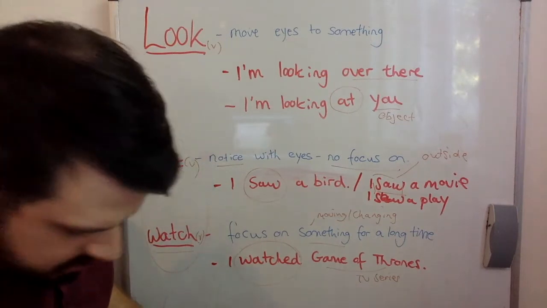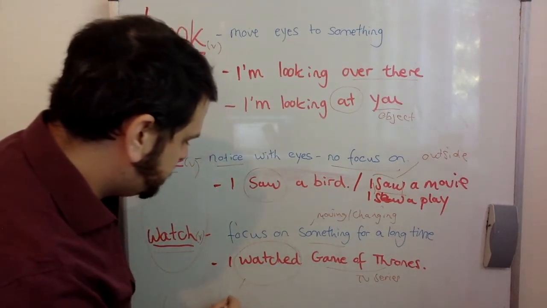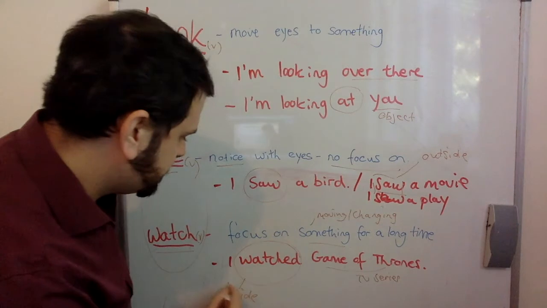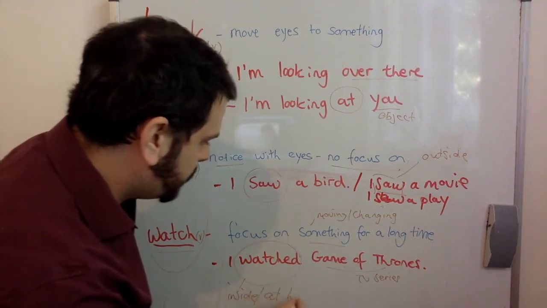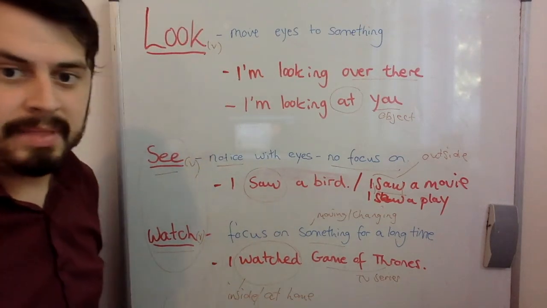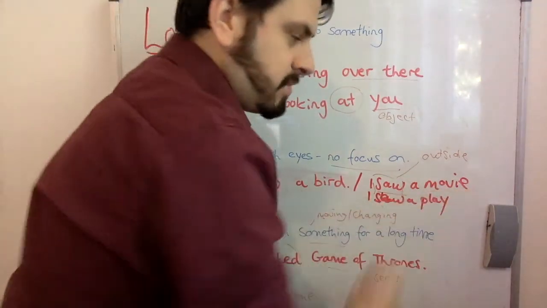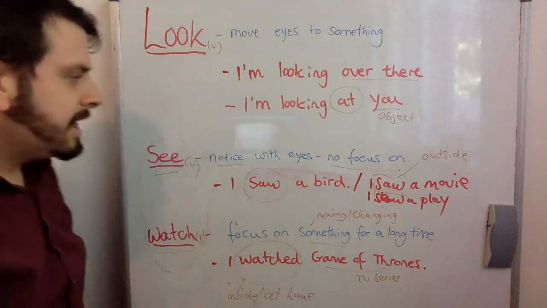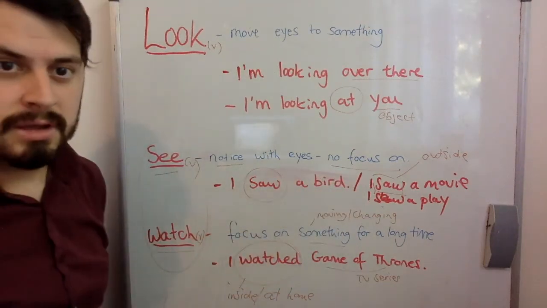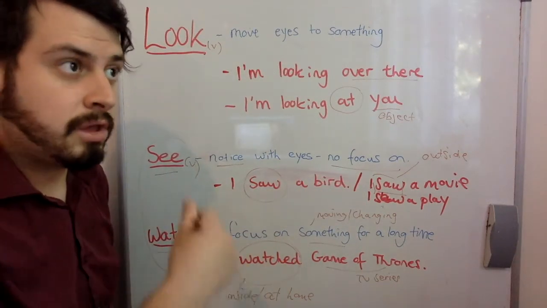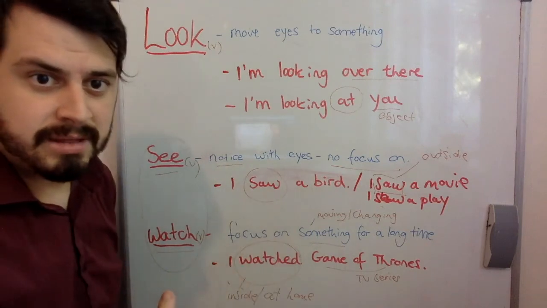But the watch the Game of Thrones here is inside your home, is at home. Okay? So I watched Game of Thrones at home. I saw Game of Thrones in the cinema. And that's how I would tell you, and that's how you should recognize the differences between them.